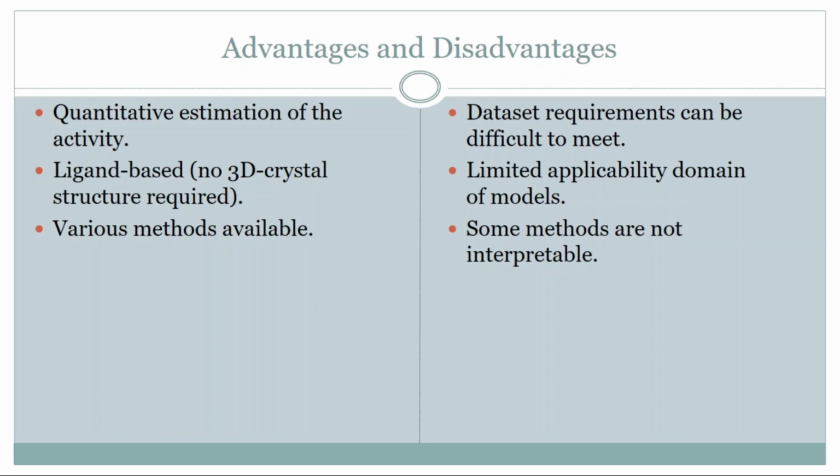And finally, some methods are not interpretable, meaning you cannot actually understand how the prediction is being made. In the examples we saw, it was explainable. We could explain how the predictions are being made and how the properties are affecting the activity, but many methods do not provide that. They only provide predictions for the activity.